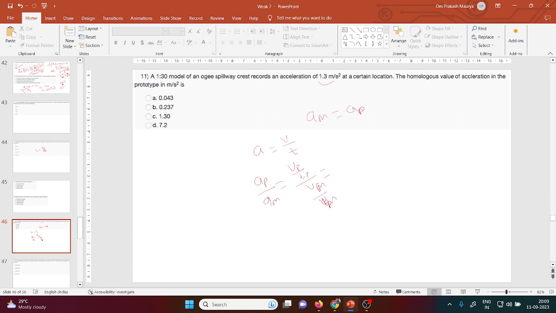So when you do this, what you will get is the ratio LR divided by LR. So that ratio is 1. That's why acceleration of prototype is equal to acceleration of model.